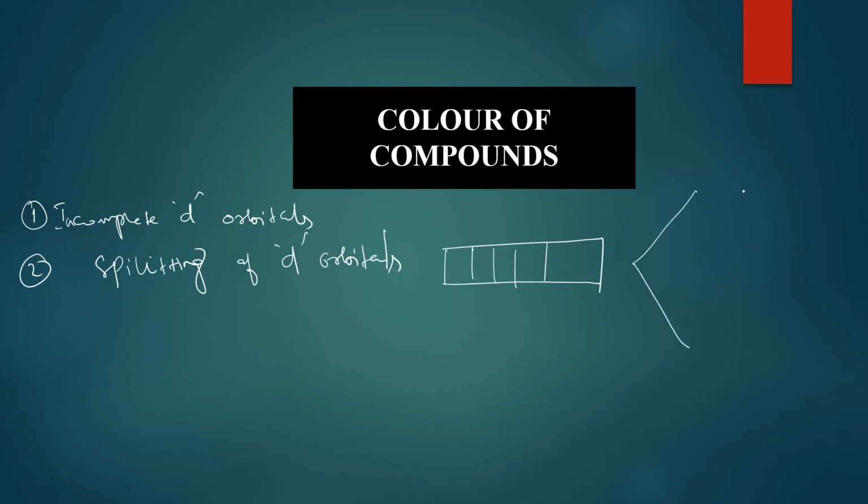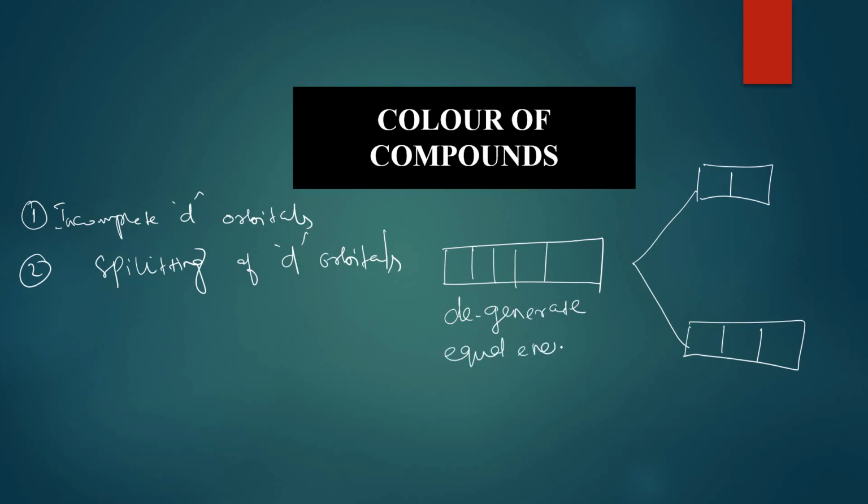When the electron approaches, it splits into 2 levels. Degenerate means equal energy. T2g means triply degenerate and Eg means doubly degenerate.